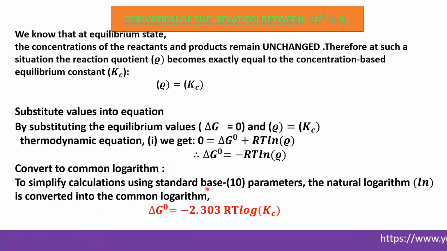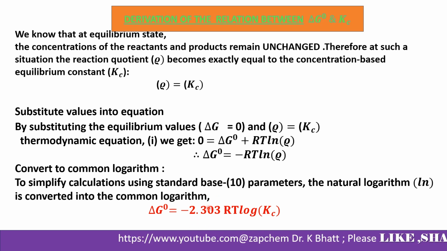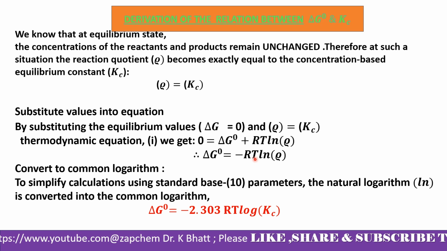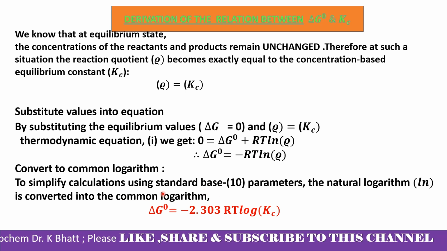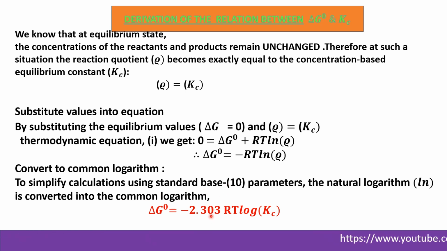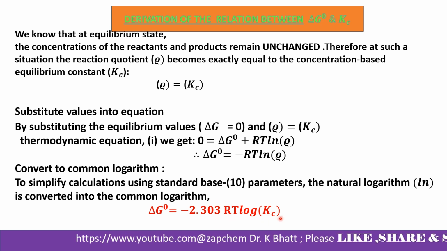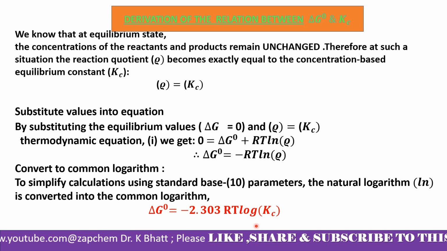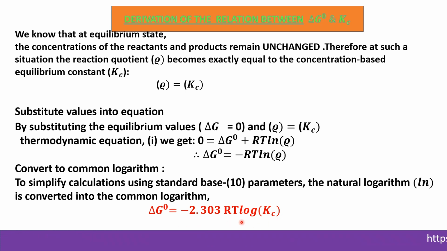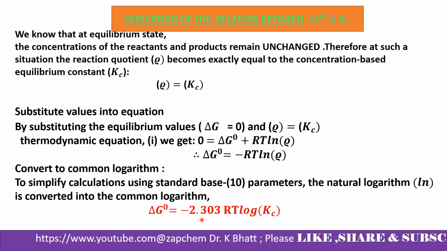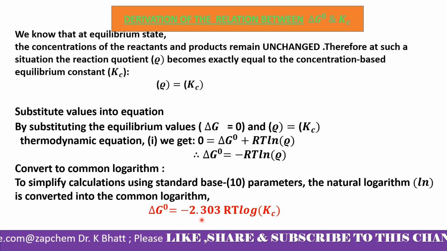In terms of the common logarithm, you have to multiply by 2.303. We know that to convert the exponential logarithm into the common logarithm, to the base 10, we multiply by 2.303, and we get the equation like this. So delta G naught is equal to minus 2.303 RT log Kc. This is the final equation.